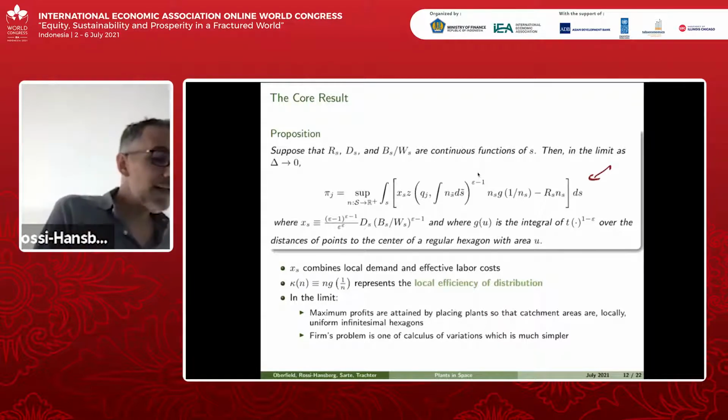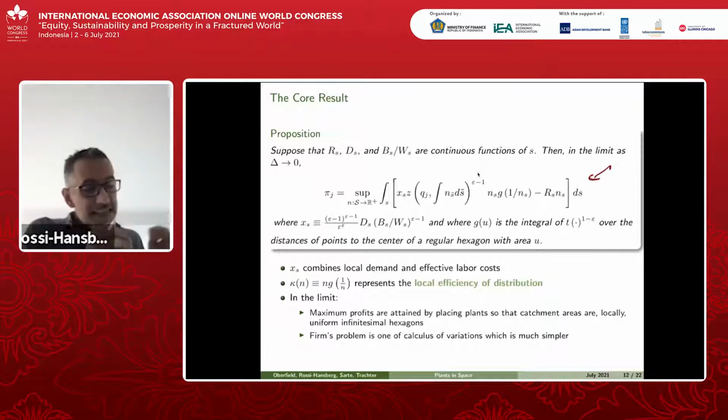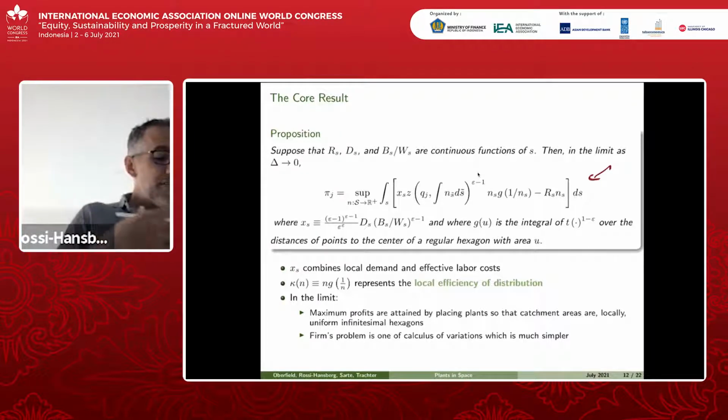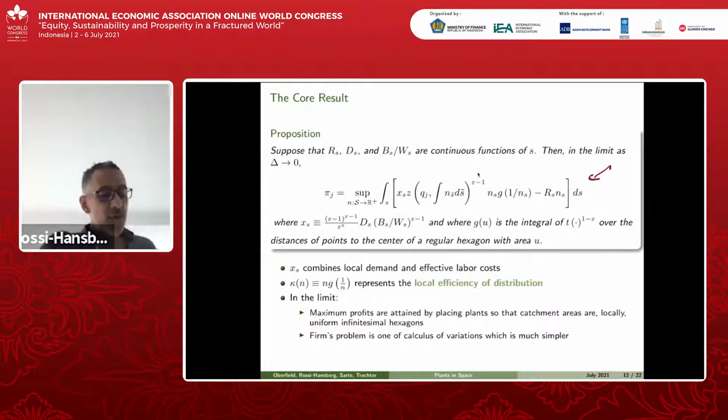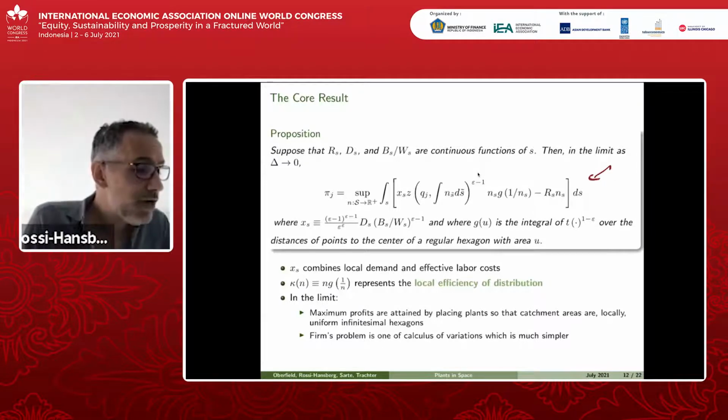And so at the end of the day, once you take that limit, everything is hexagons at the local level, and so you can solve that problem of the catchment area, and once you solve that problem, that simplifies the problem and becomes a problem in which you're essentially only deciding on the density of these different places.